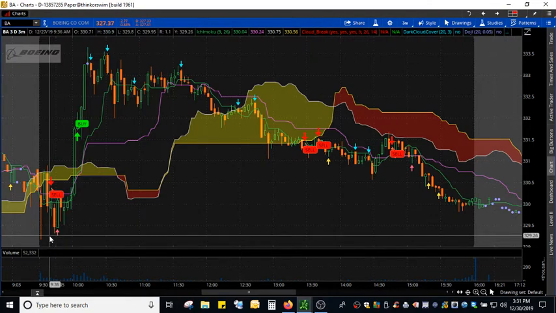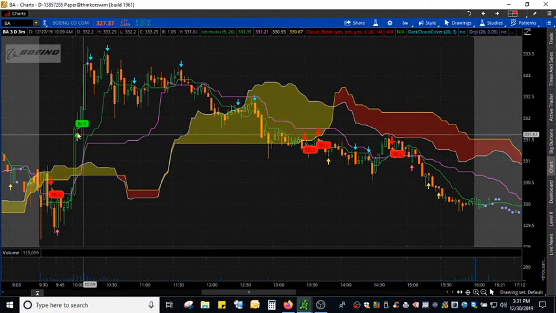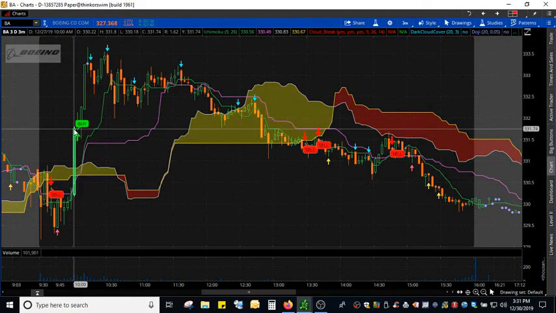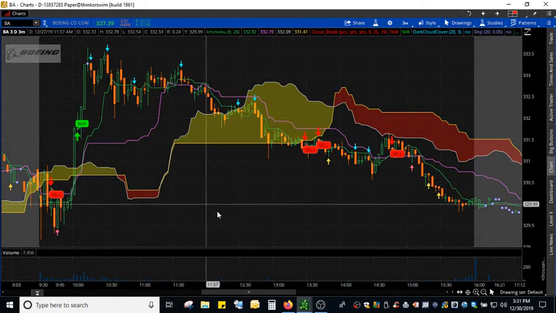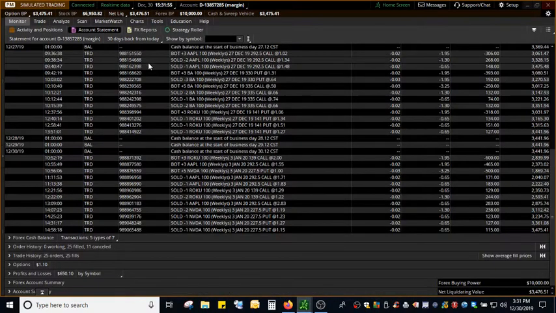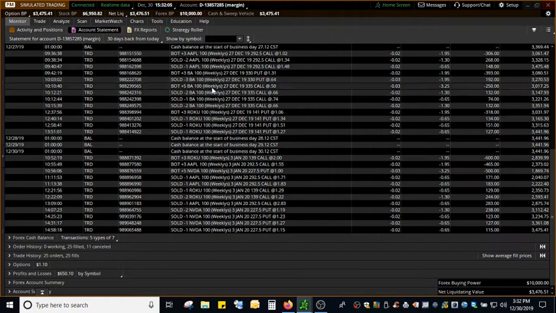I didn't have a sell order in to sell all of it. I had a sell order in to sell most of it, and it didn't trigger, so I stopped out. This candle here killed me on that trade because I waited till the candle closed, and it just really ate away at that loss. Really made that loss a lot bigger. You see, I paid $1.31 and I sold at 64 cents.